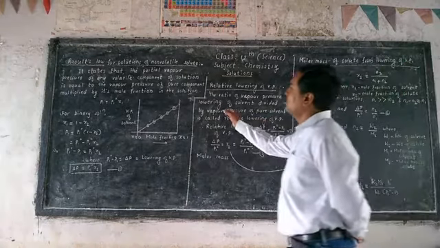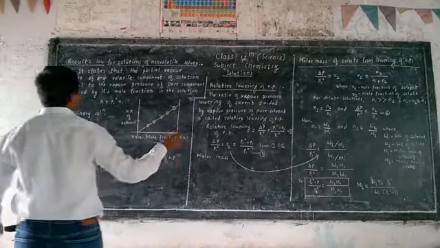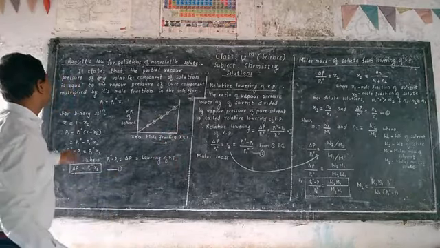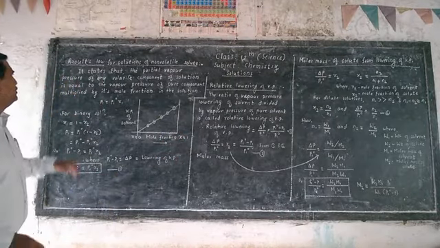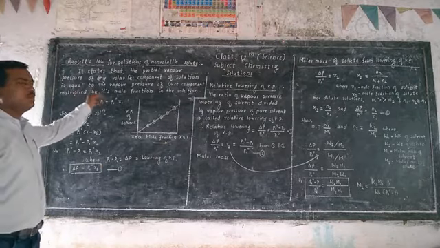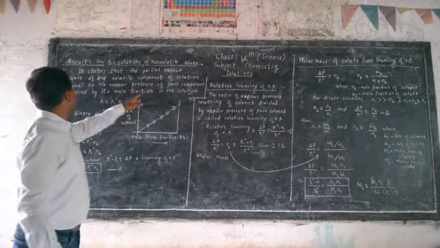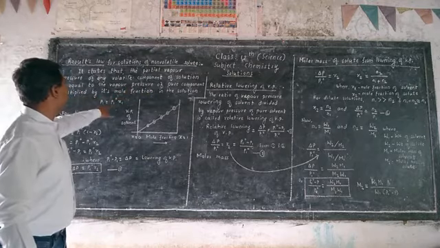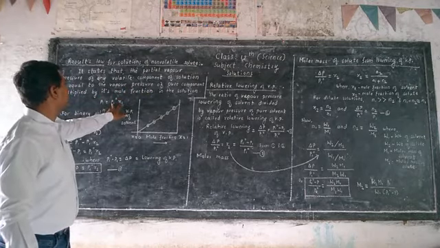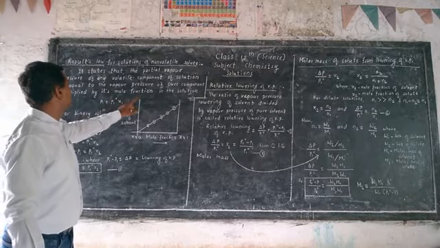So see again here, we will revise it shortly. Raoult's law: the partial vapor pressure of any volatile component of a solution is equal to the vapor pressure of the pure component multiplied by its mole fraction in the solution.